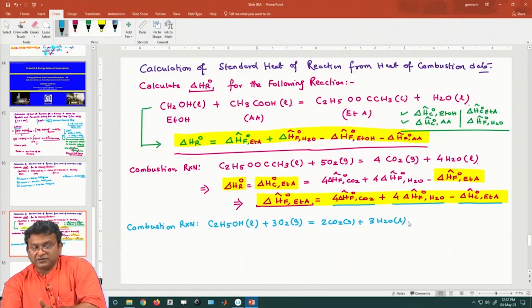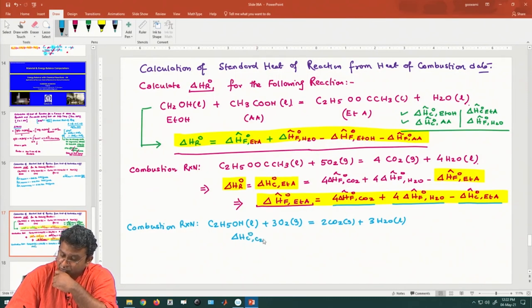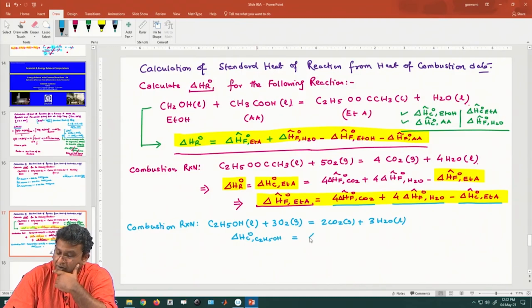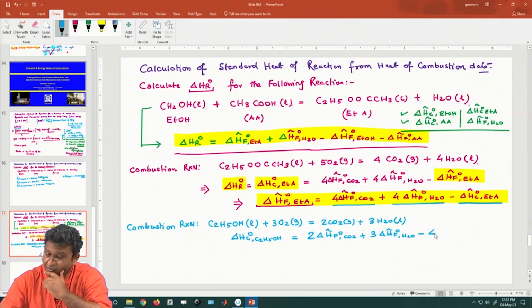So, here also the heat of combustion of C2H5OH, which is the heat of reaction, will be twice the heat of formation of carbon dioxide plus thrice the heat of formation of water, minus the heat of formation of ETOH, since oxygen is 0.